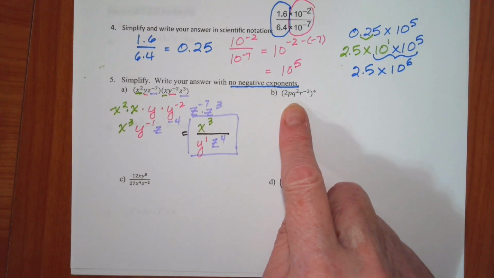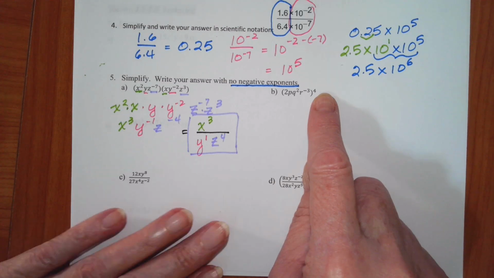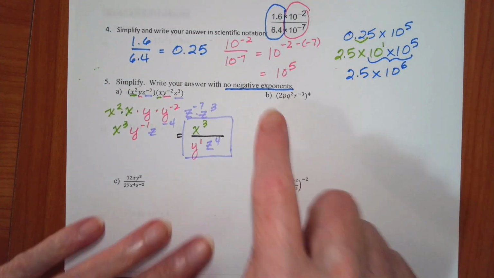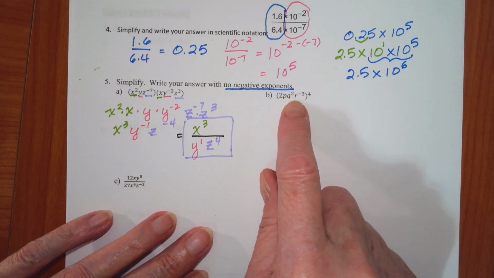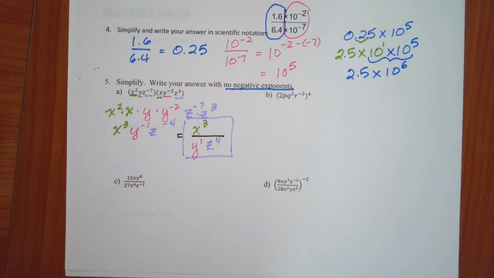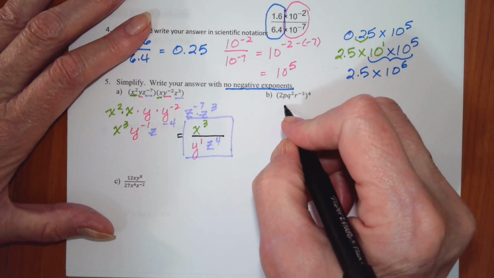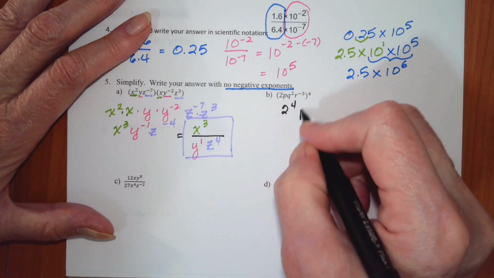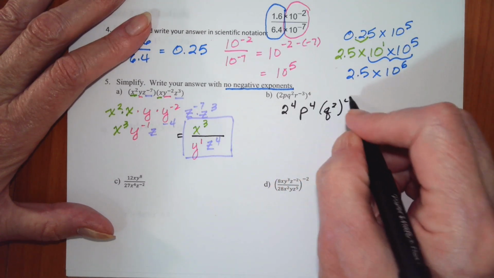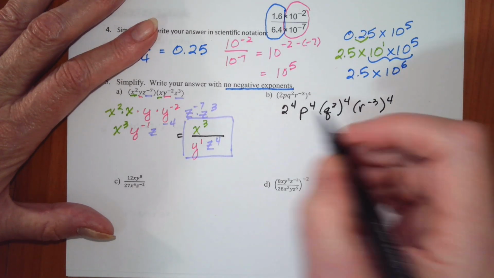Okay, now this one again, you can do it a couple of different ways. You can simplify what's in here and then take it to the fourth power, or you can do it a different way. I think I'll simplify this, get rid of my negative exponents, and then take everything to the fourth power. So this is going to become 2 to the fourth, p to the fourth, q to the second to the fourth, r to the negative 3 to the fourth.